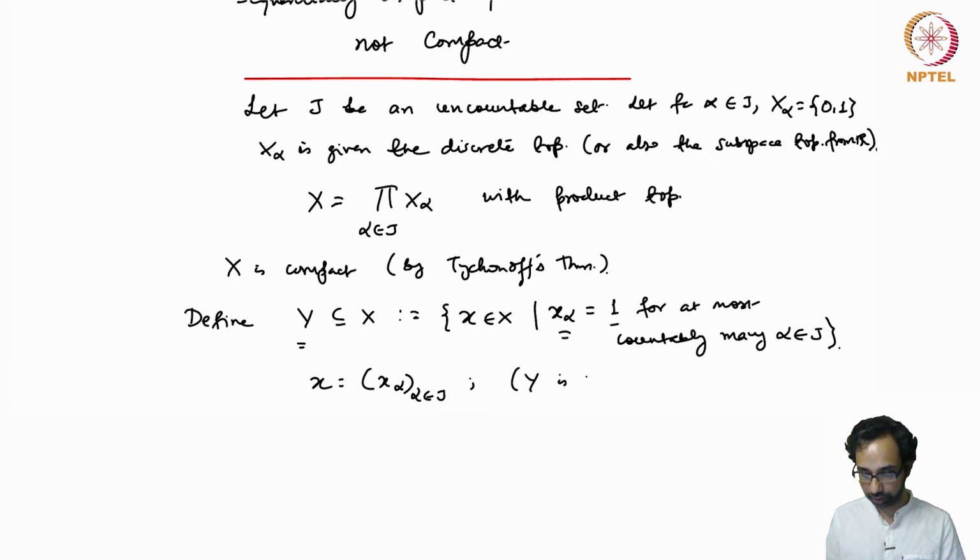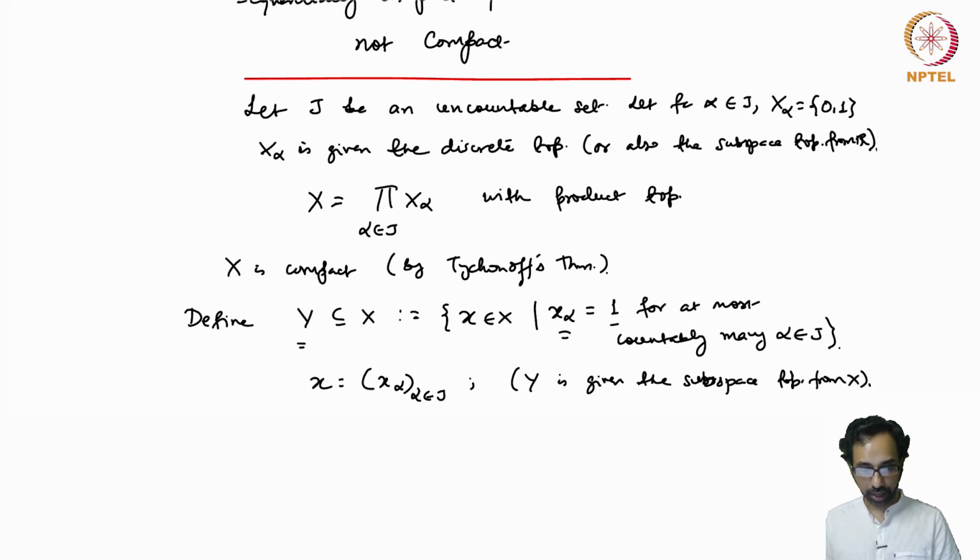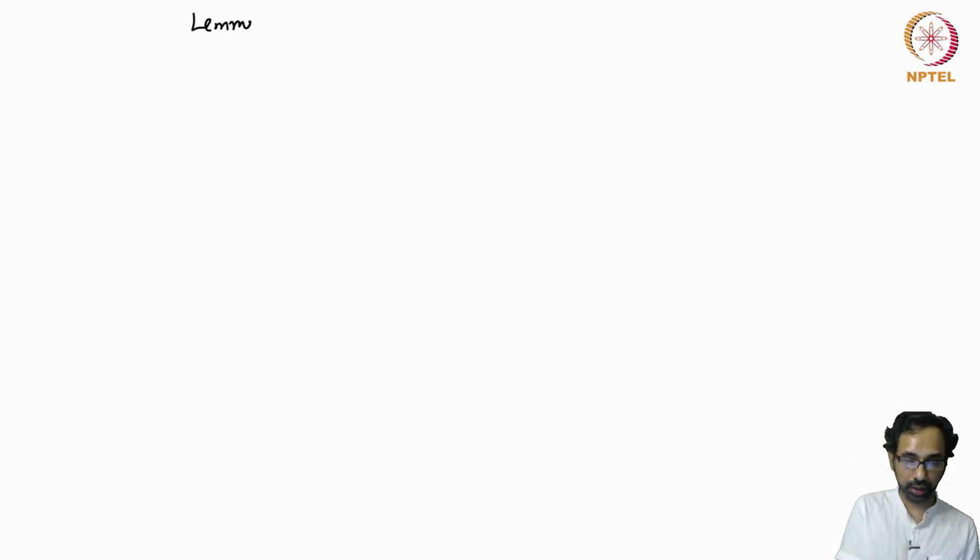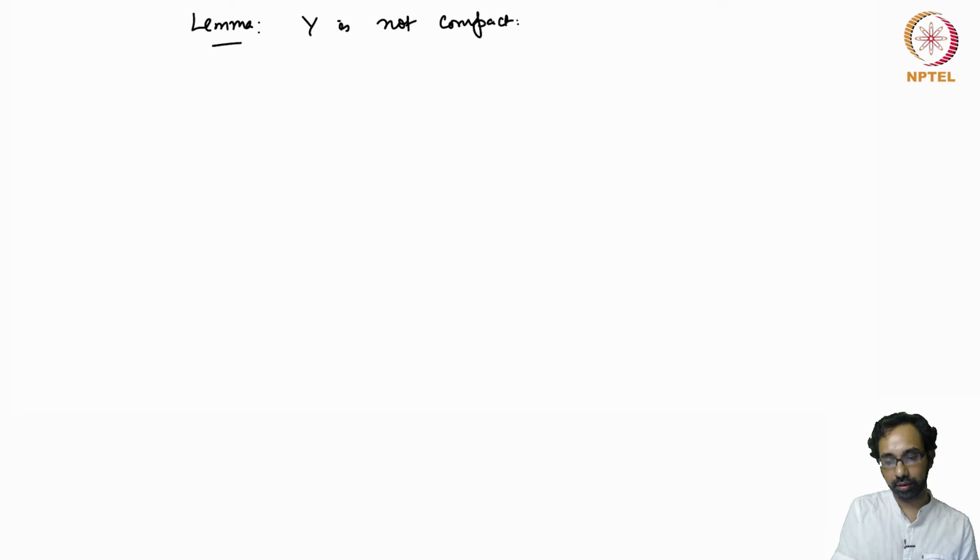So Y is given the subspace topology from X, and we will show first that Y is not compact. So the lemma is that Y is not compact.